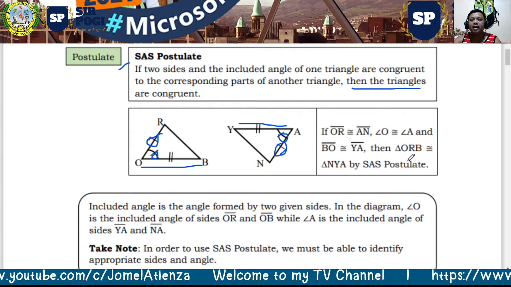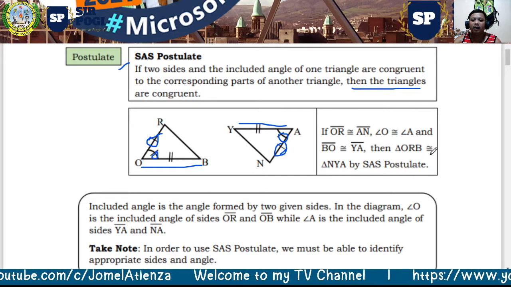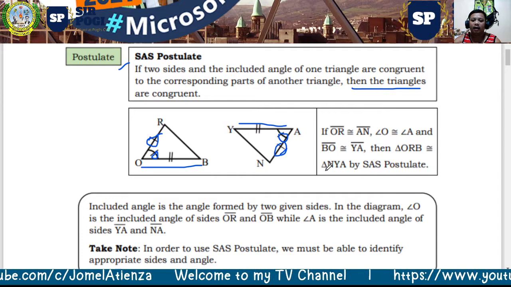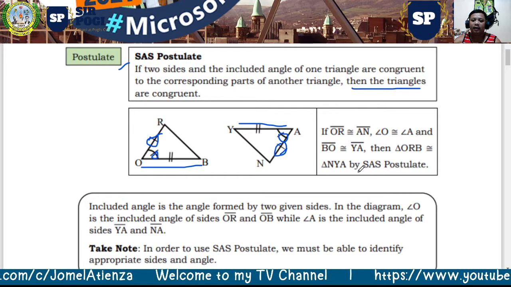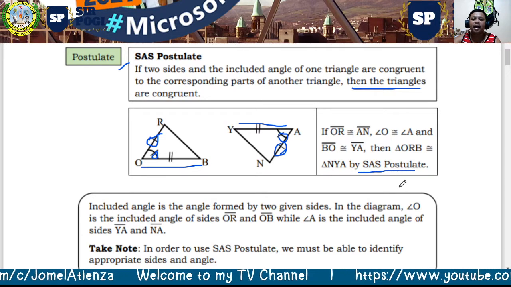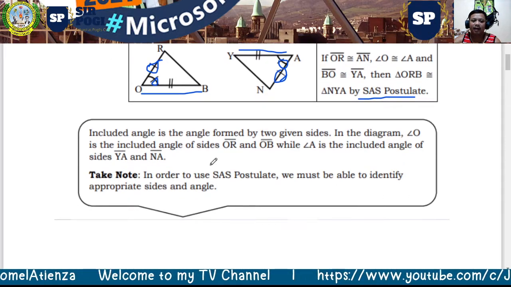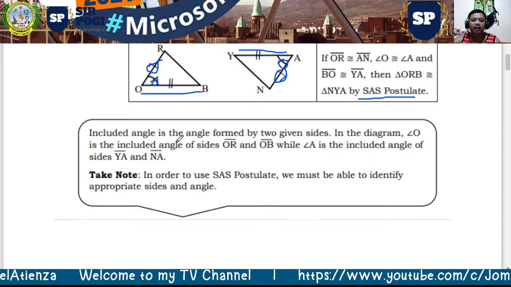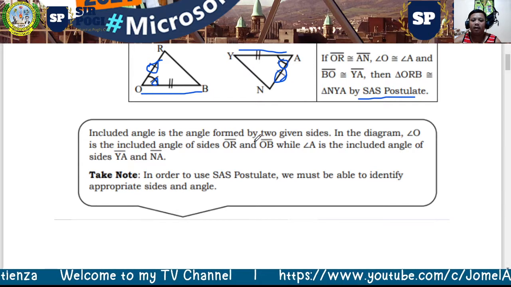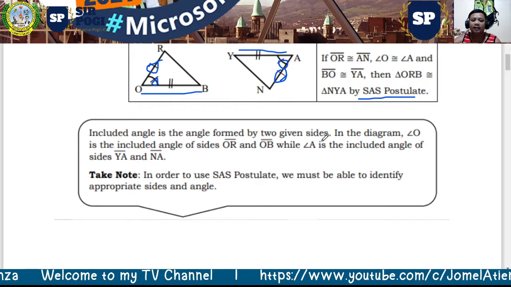Then, triangle ORB is congruent to triangle NYA. And that is by side-angle-side postulate.